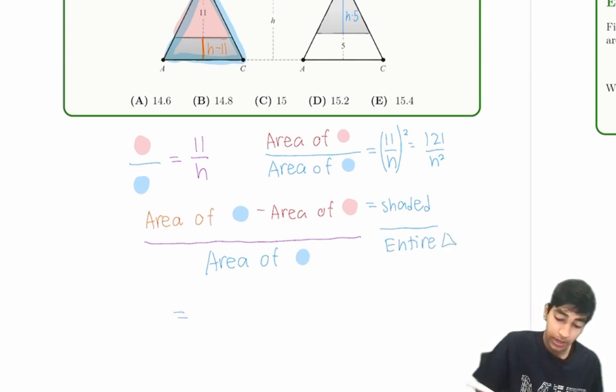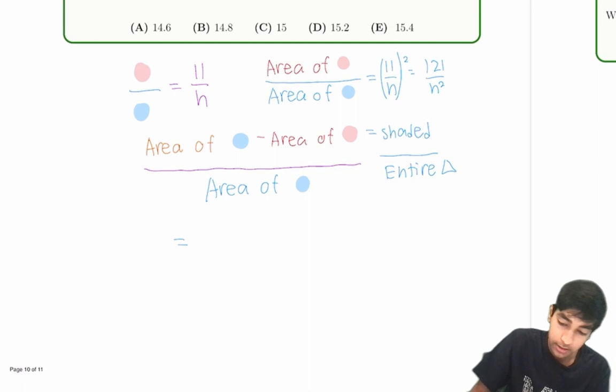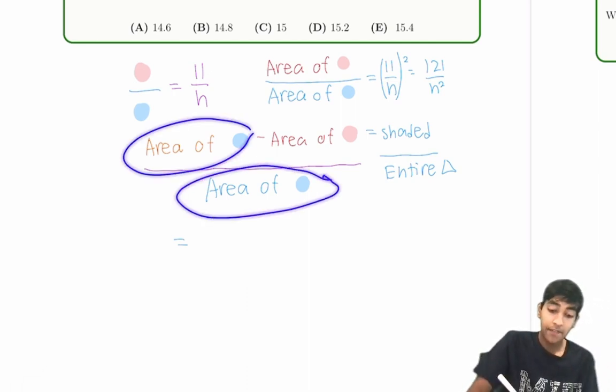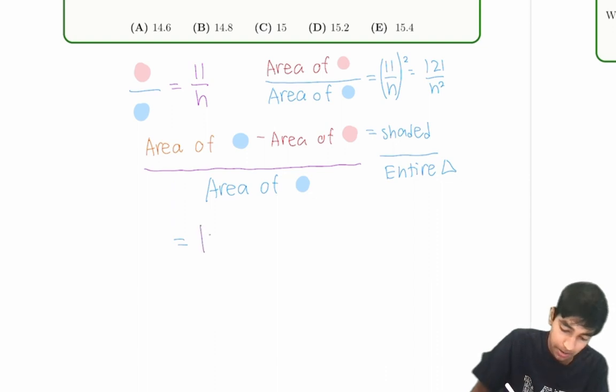And we can simplify this, we can divide that out to get 1 minus the area of the red triangle over the area of the blue triangle.